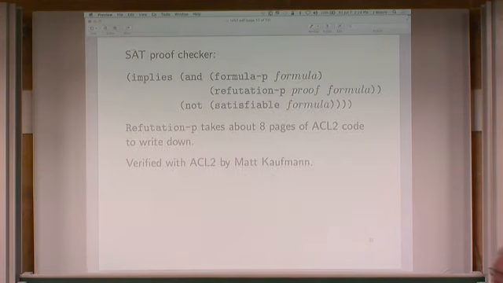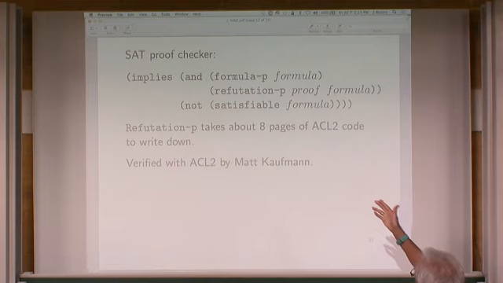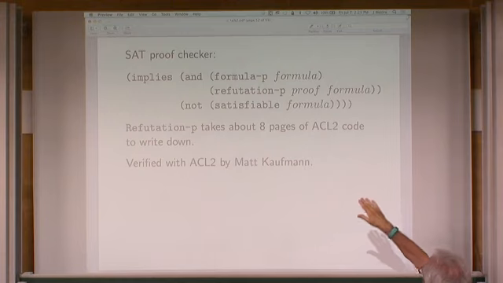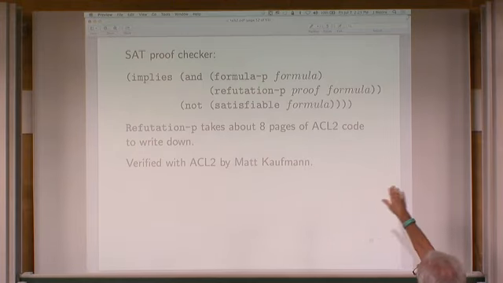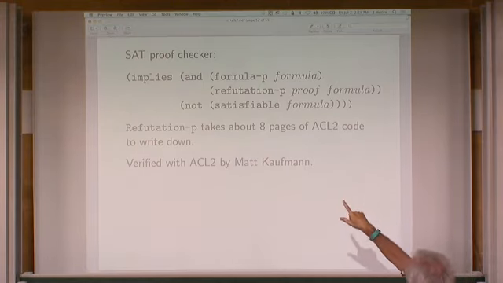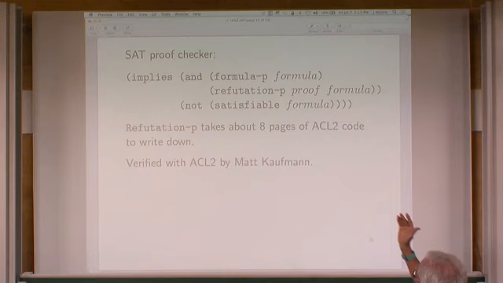And so Matt Kaufmann and Marine wrote a checker in ACL2 called refutation P, and Matt then proved the theorem that if a formula is a propositional formula in the right format, and proof is an alleged proof of it that is checked successfully by refutation P, then there is no satisfying assignment to formula.